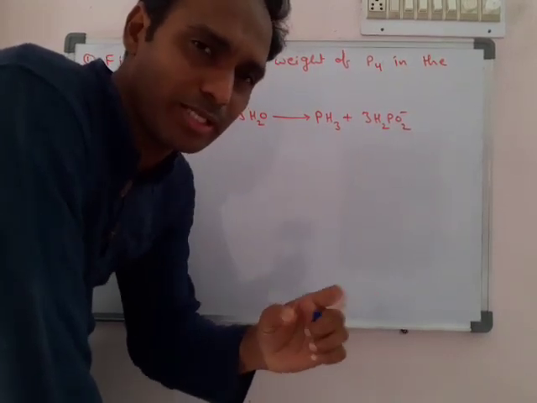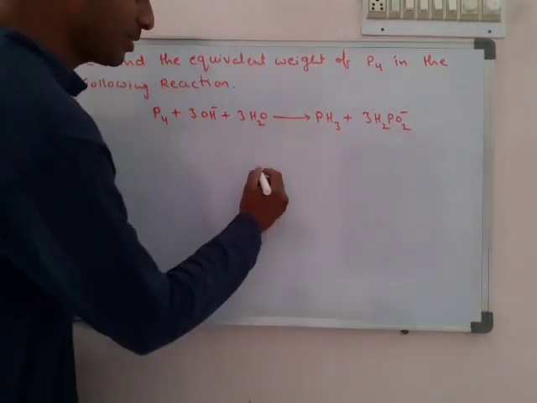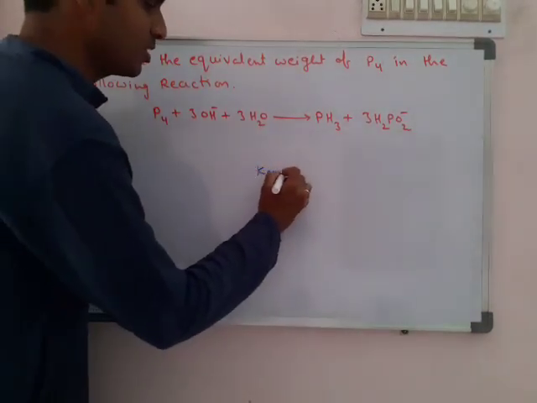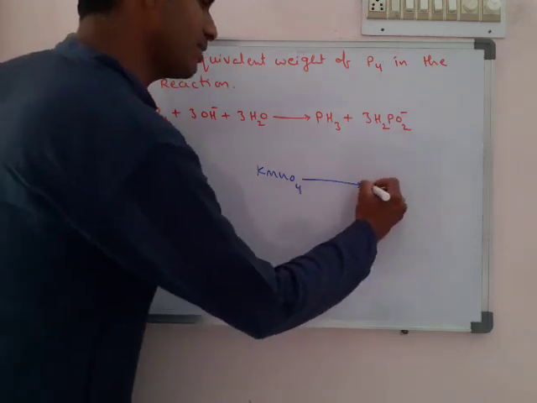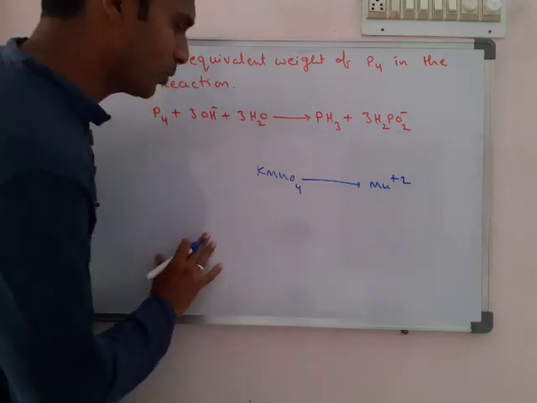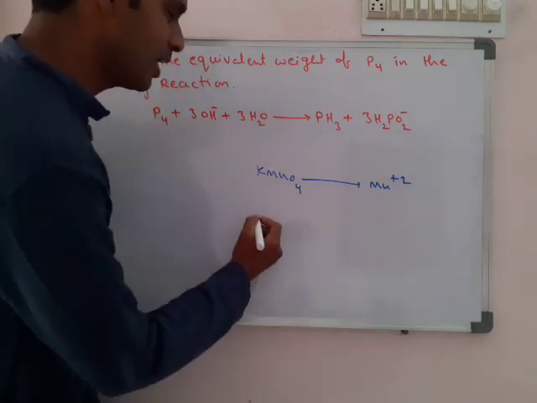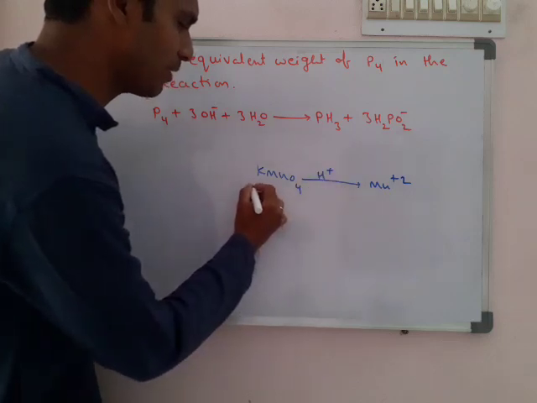So only one change. For example, we calculate potassium permanganate in acid medium. So equivalent weight of potassium permanganate in acid medium, how do you calculate? By taking this change. In acid medium, what is the change of KMnO4?